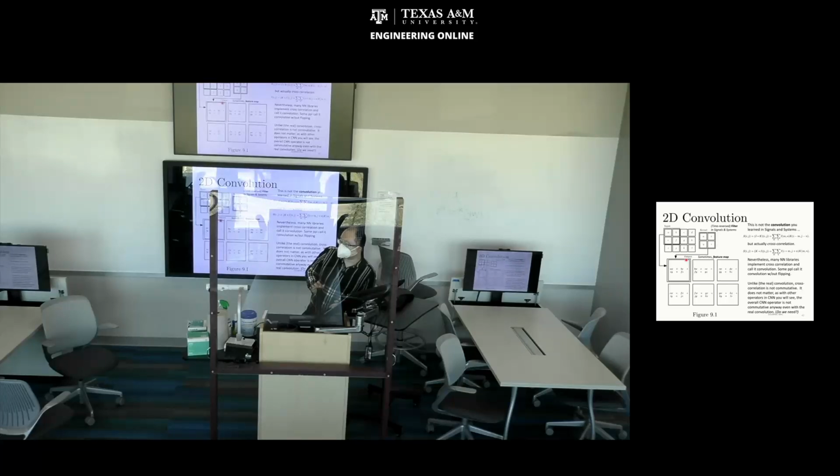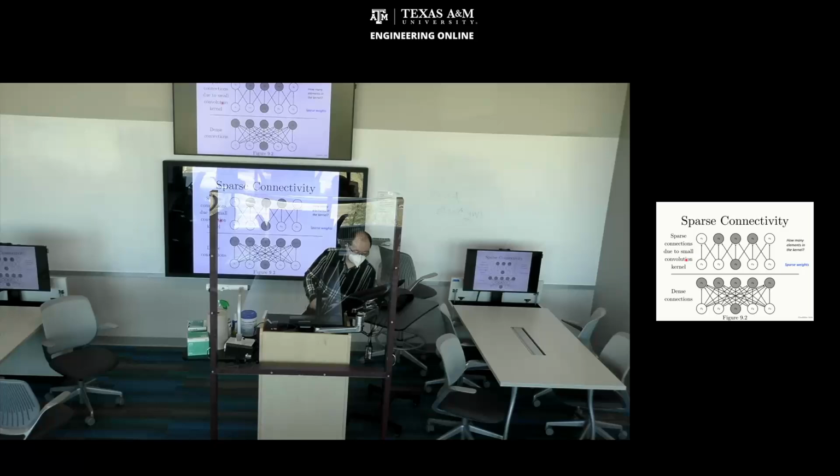It means the kernel is of size 3, right, if it's one dimension. That's why you see these 3 arrows. So in other words, in this 1D case, you can already tell that the kernel size is 1 by 3. So this is a small convolution kernel that defines the sparse connectivity. That's the first thing, okay?